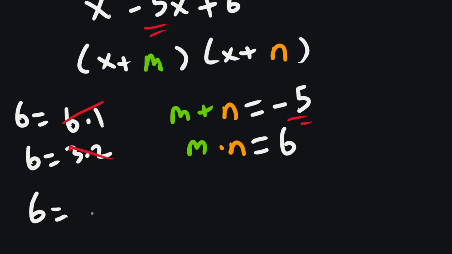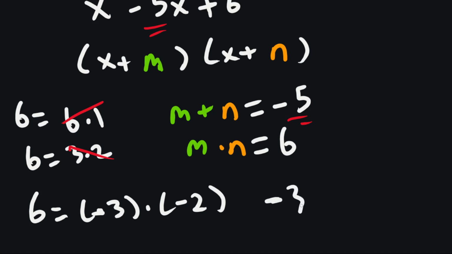6 can also be -3 times -2. Because remember, a negative times a negative is a positive number. So 6 is not only just 3 times 2, it can also be -3 times -2. And that'll also give you 6. So let's try adding -3 and -2.